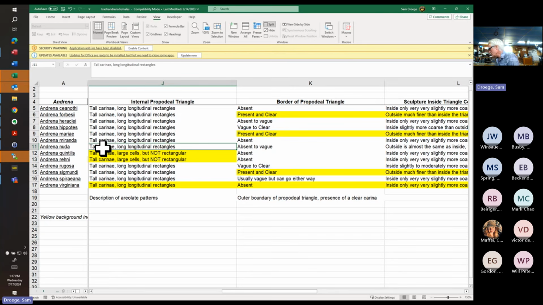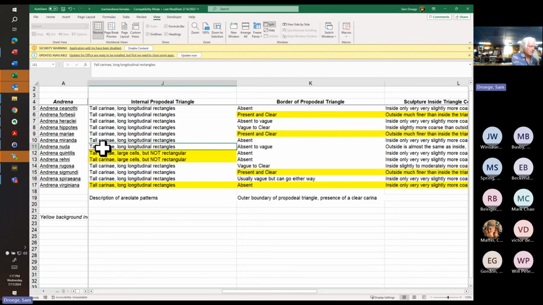Don't want to lose track of things. And this goes back into the Miranda pile, which I had out, and Nuda. Nuda, I'm going to guess in general, in several Nuda species that use the last name Nuda, usually end up being specimens that have relatively few pits on the scutum in the bee world.